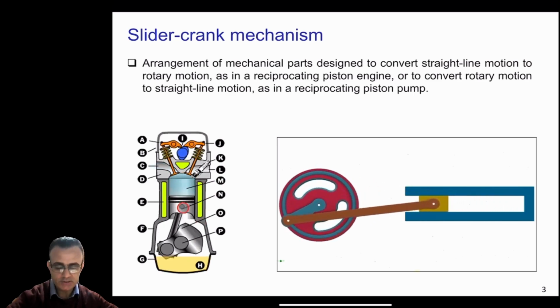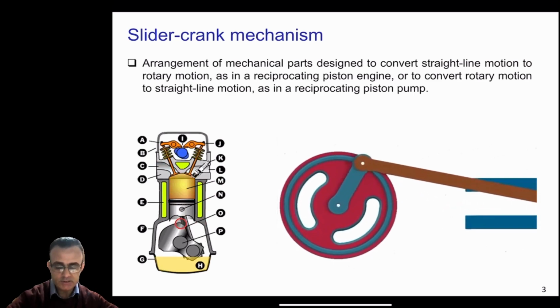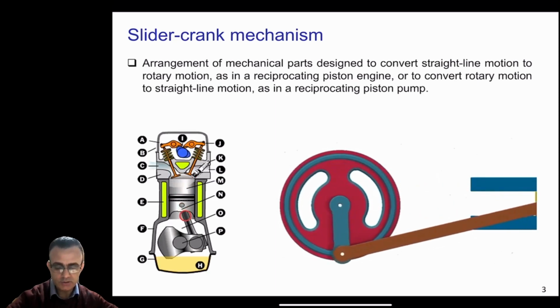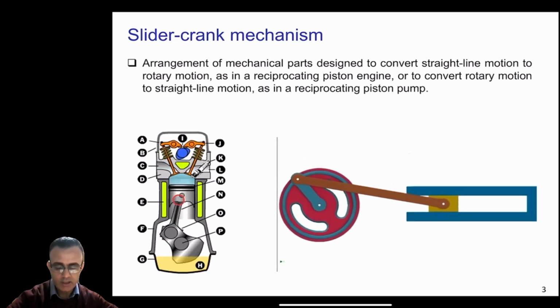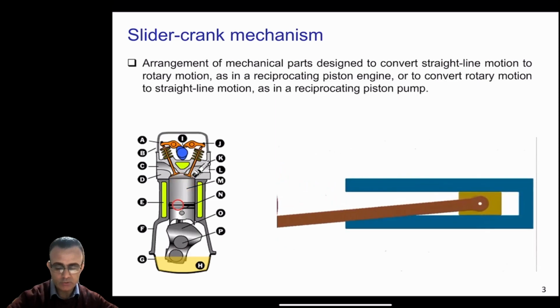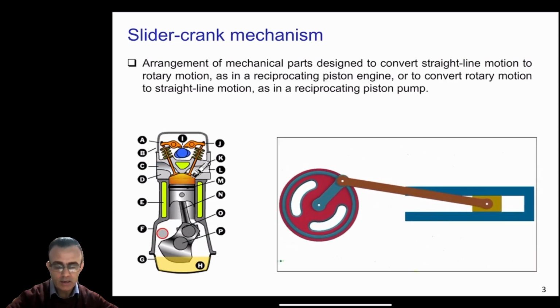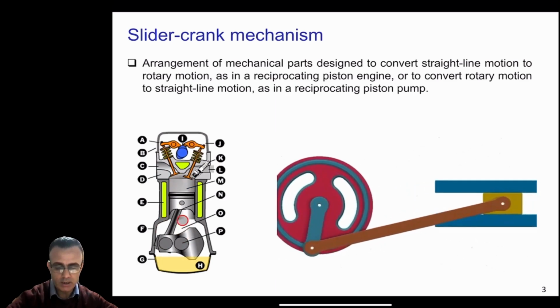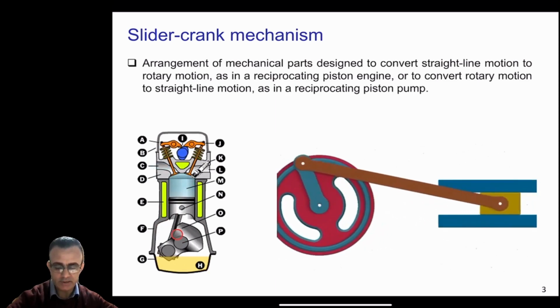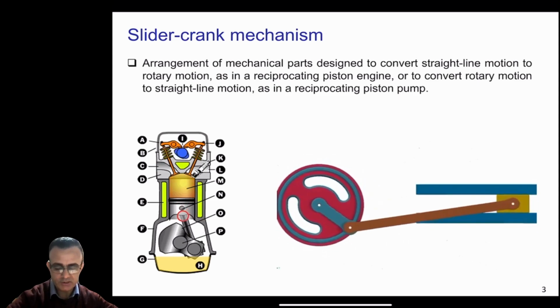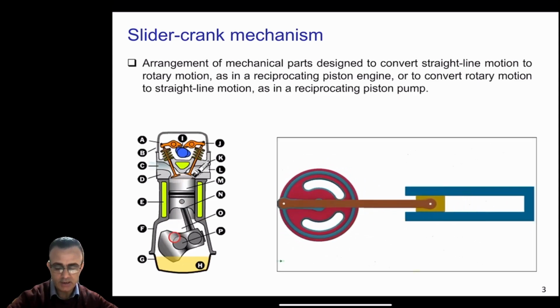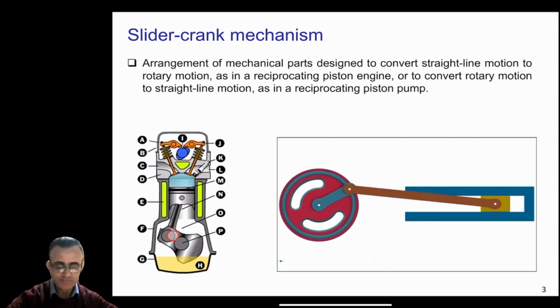As you can see, the piston is moving up and down. This is what we call linear motion, and it converts this linear motion to the rotary motion of the crankshaft. This whole mechanism is what we call the slider crank mechanism, which includes the piston, connecting rod, and the crankshaft in this case.